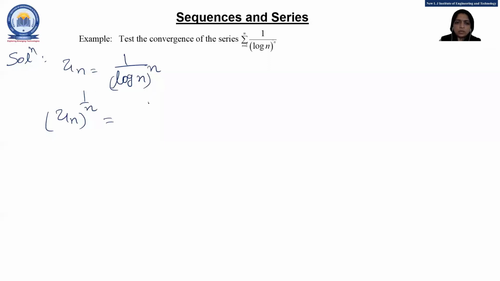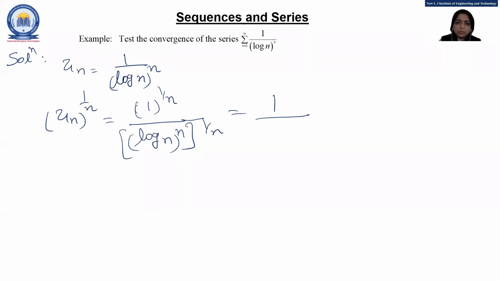So I am taking the nth root on both sides: 1 raised to 1 by n over log n raised to n raised to 1 by n. 1 raised to any power is 1 only. Here n into 1 by n, so this n cancels. What is the remaining term? Just log n. Now I am applying limit n tends to infinity on both sides.